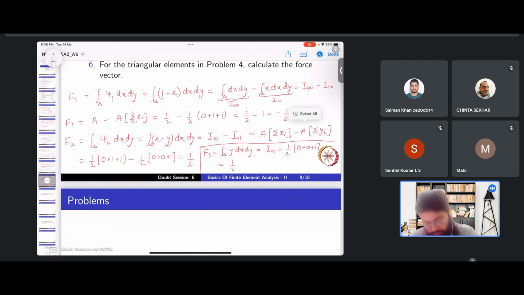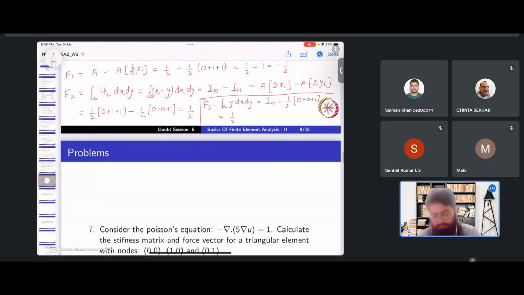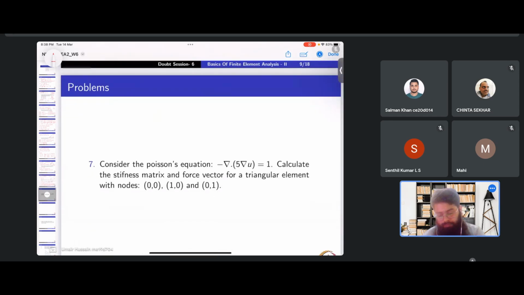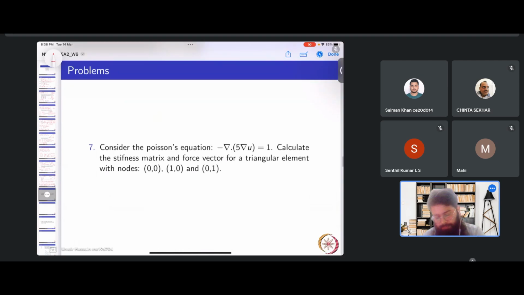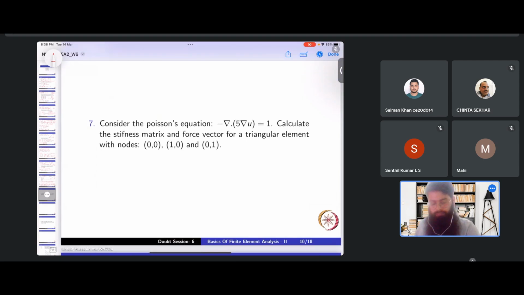So shall we move forward? Okay, so we are given this problem here.